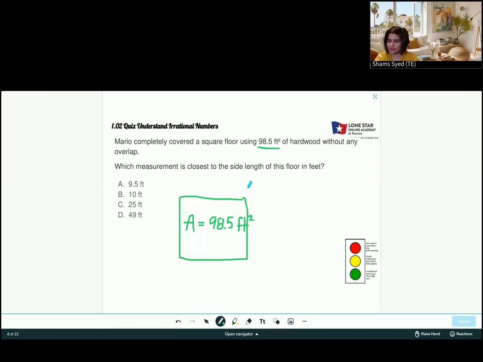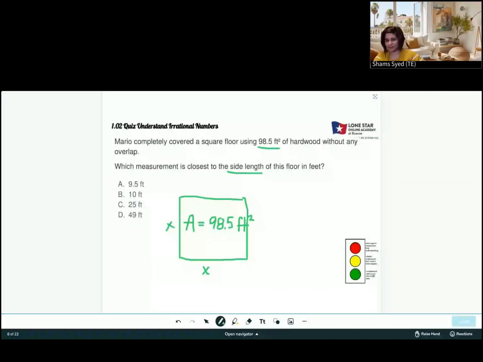Which measurement is closest to the side length of this floor in feet? Well, then what is going to be the side length, right? A side times the side should give us the area. Do you think then the side is going to be 9.5, 10, 25, or 49? Which seems to be the right answer?